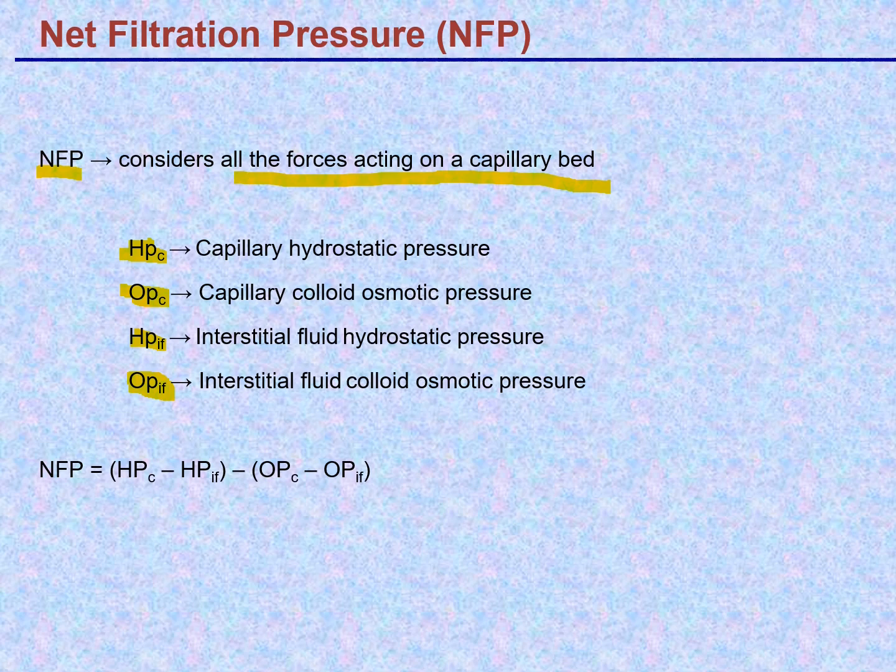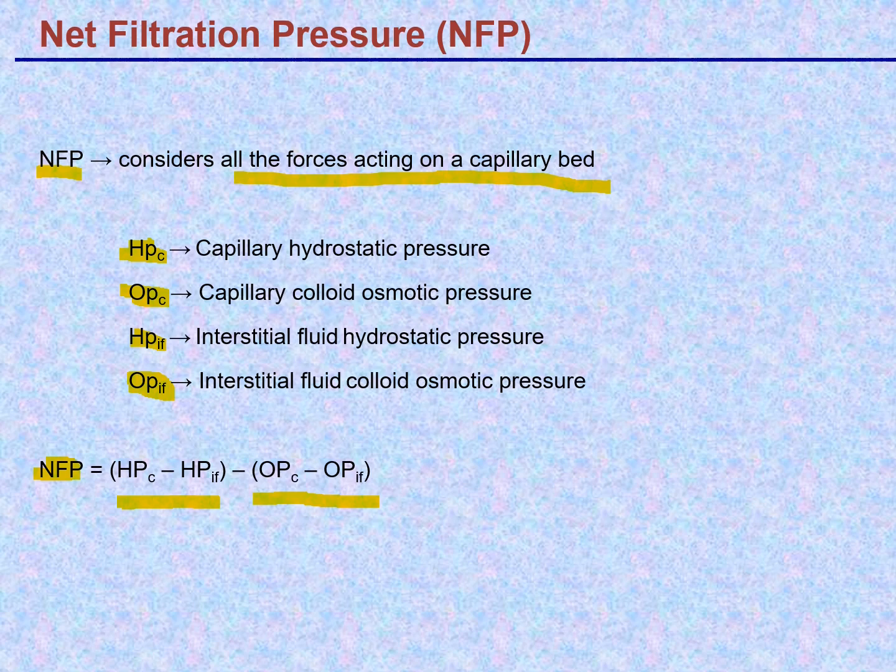But the end result is you can take all of these into consideration to determine the net filtration pressure, and the equation is this. This tells you the overall net hydrostatic pressure, and this tells you the net overall colloid osmotic pressure, and the end result is a slight advantage to outward pressure versus in.